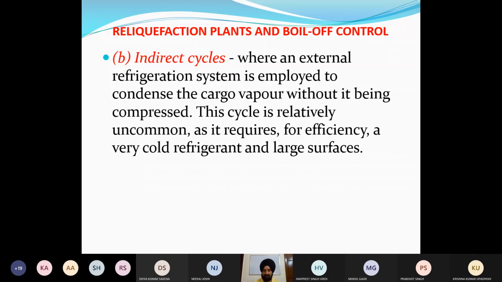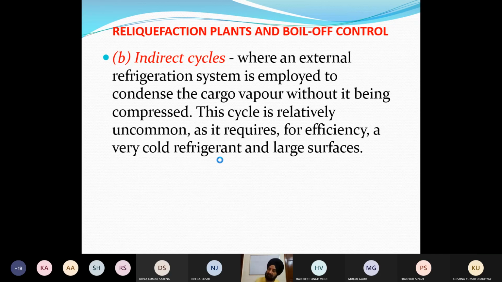For this you have a second, external refrigeration system which will cool these vapors. So this cycle is relatively uncommon. The first one, the direct cycle, is more common: you suck these vapors out of the tank, compress them, and then cool them in a condenser, and then through the expansion valve it expands, lowers the temperature, gets converted into the liquid and goes back to the tank.